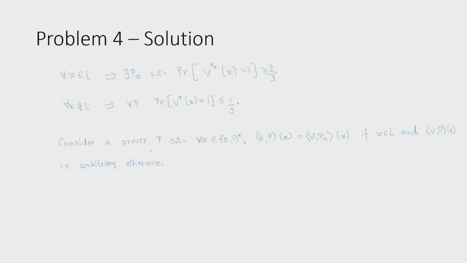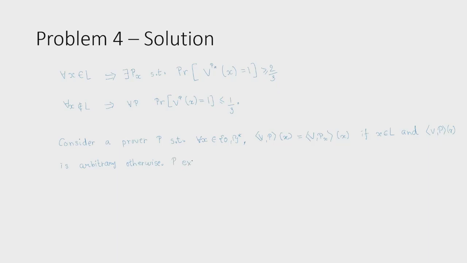So, is it clear what this prover P does? Okay. Now I've said, consider such a prover, but why should such a prover exist in the first place? The reason is the following.